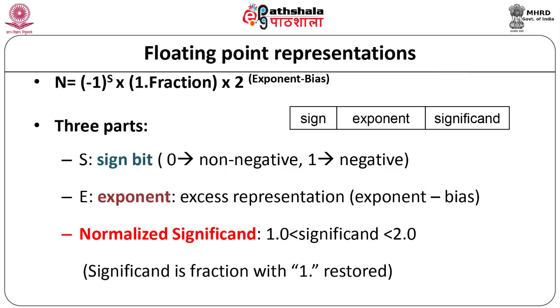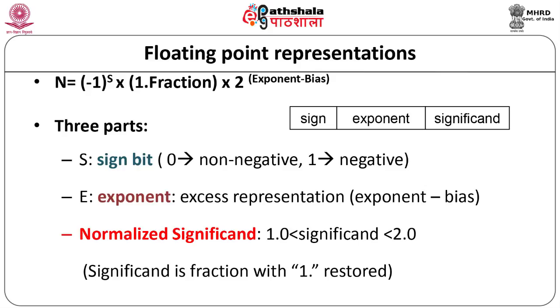S is the sign bit, 0 for non-negative and 1 for negative numbers. E is the exponent. The exponent is stored in biased representation, that is, excess representation, to permit both positive and negative exponents. To provide negative exponents, a biased exponent is used. A bias is a number that is approximately midway in the range of values expressible by the exponent.